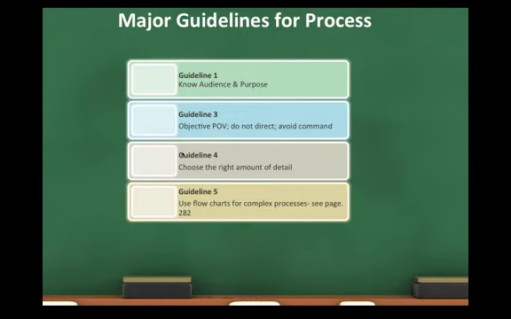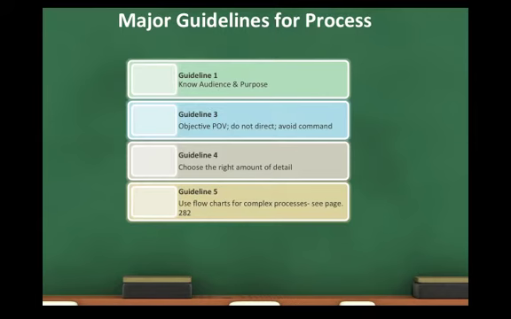All right, guideline number 4 is make sure that you choose the right amount of detail. That goes back to who this audience is and what their needs are. It's really the idea, like I mentioned on the slide before, of expanding time and condensing time. You're going to condense the steps, the amount of detail, depending upon your audience, or you'll expand them out and include more detail depending upon your audience's needs.